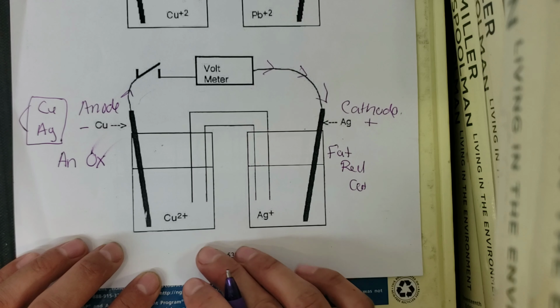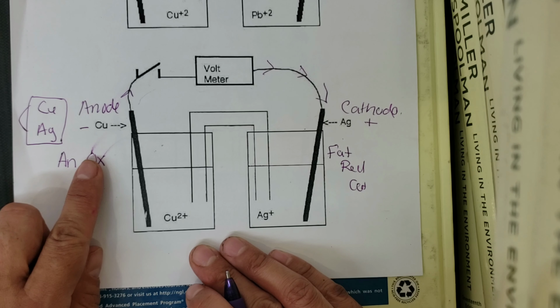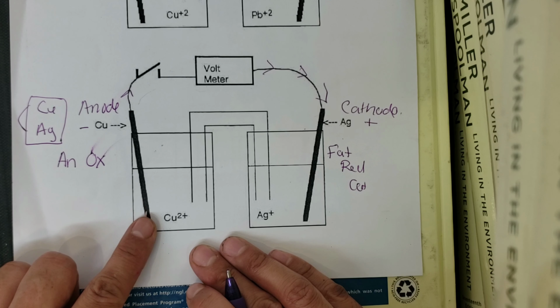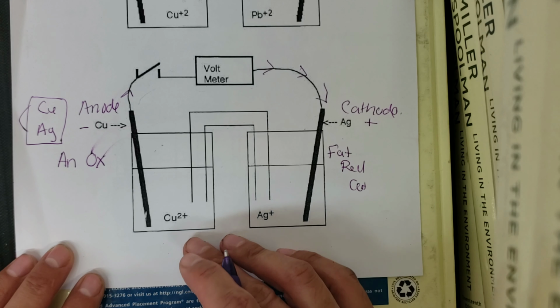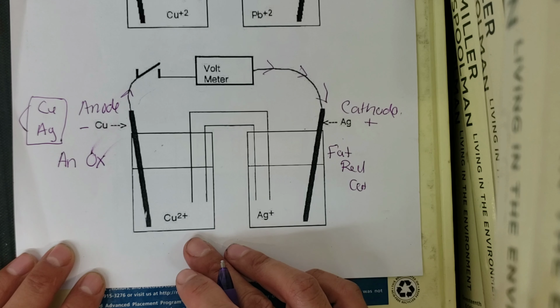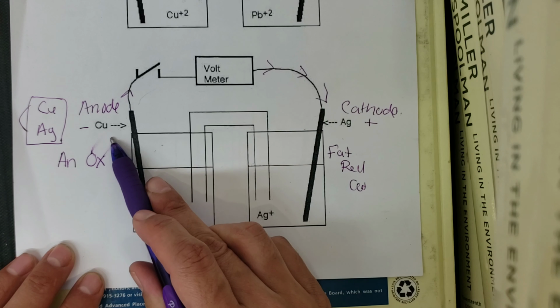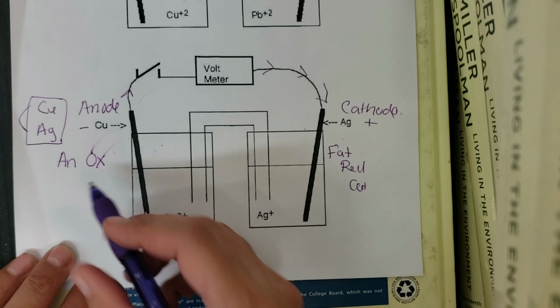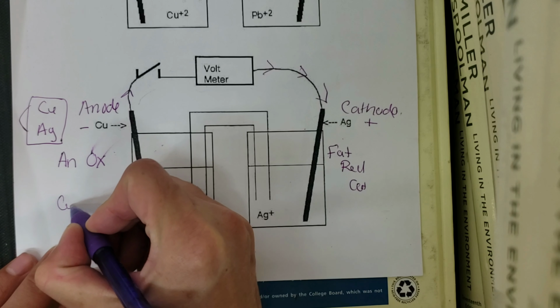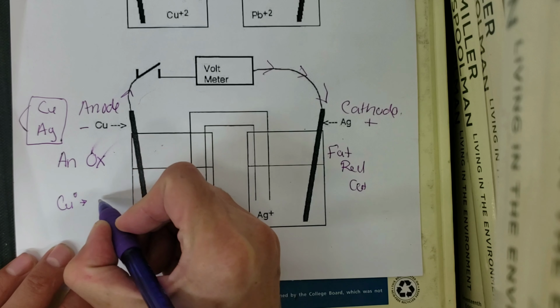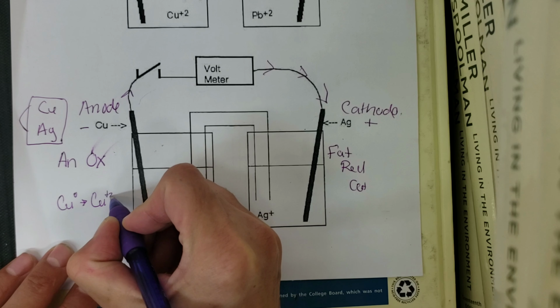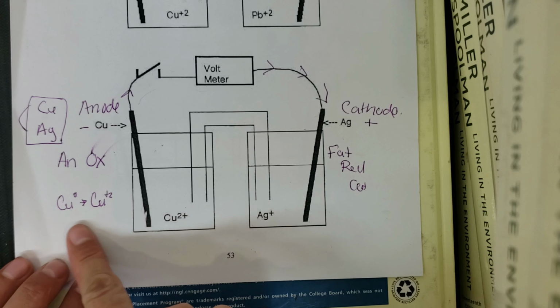And to write the half reactions, for the oxidation half reaction, we have to show an increase in charge. The 2 species we have on this side are the copper with a 0 charge and the copper with a +2 charge. So in this case, the copper atom will become copper +2 ion, and I'm going to have to add the electrons.